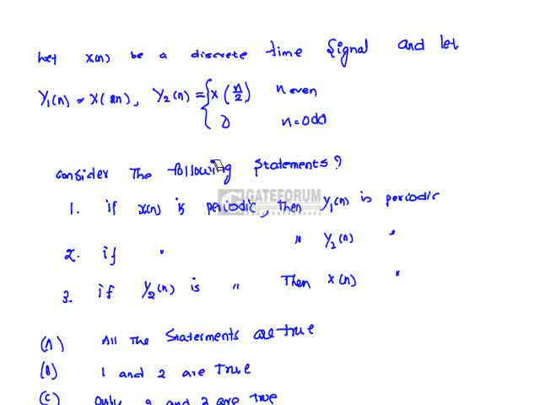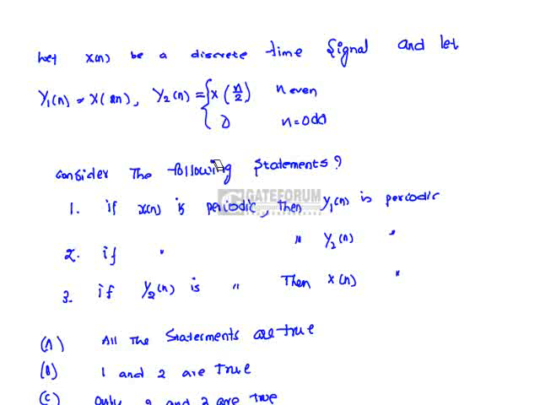First of all, we have to understand what y1 of n and y2 of n mean. x of 2n means we are compressing the signal. We are not removing any samples at all, we are just compressing the signal, and that doesn't affect periodicity. So if x of n is periodic, then y1 of n is also periodic.